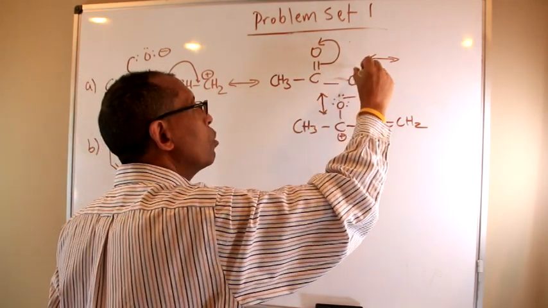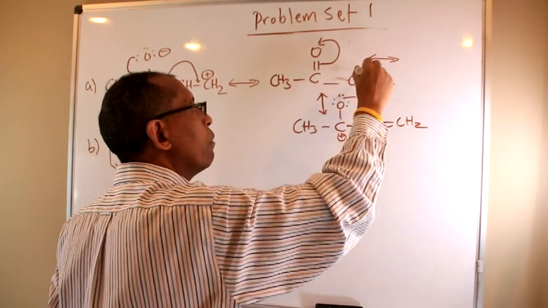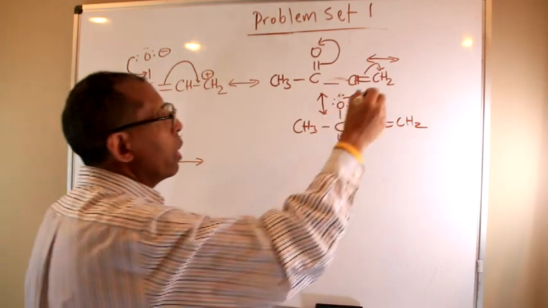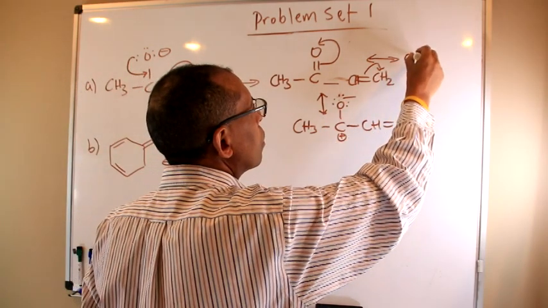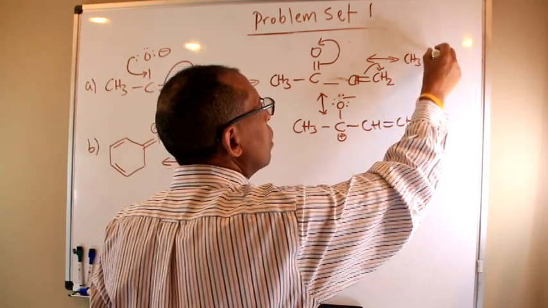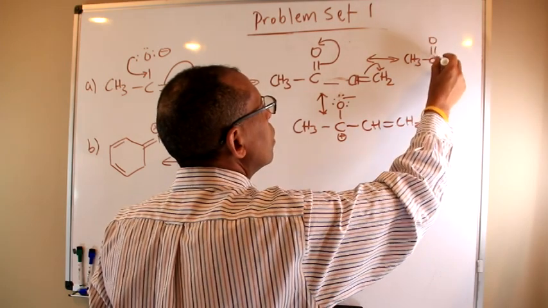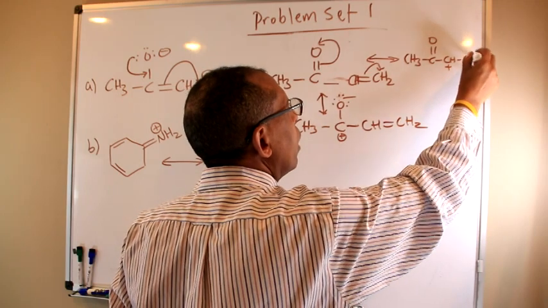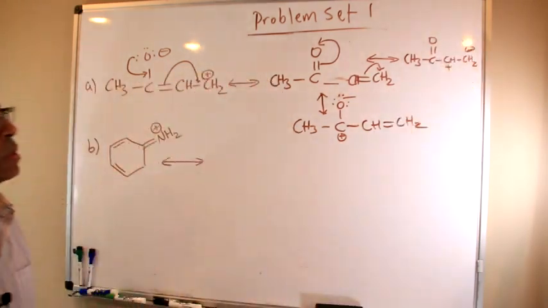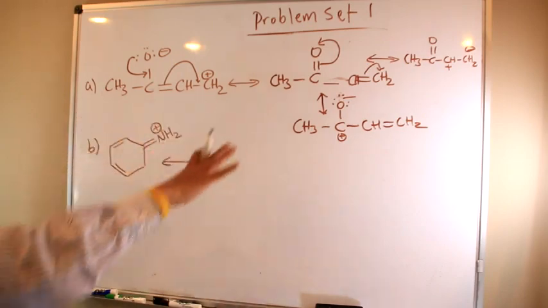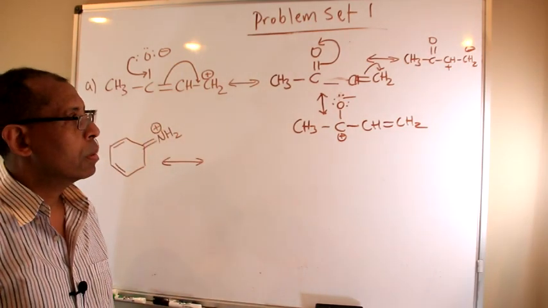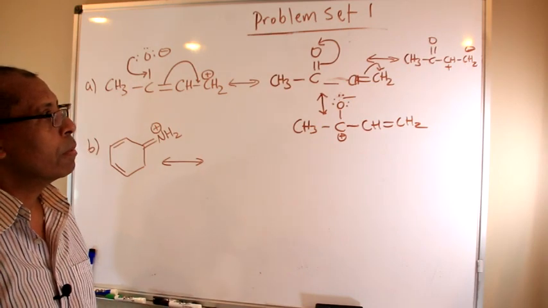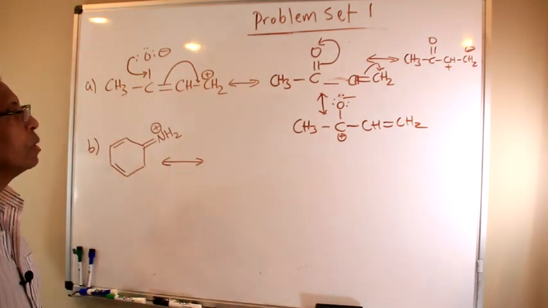For example, if you were to move this pair of electrons to this carbon, now you'll end up having CH3, CO, CH, a plus, and CH2, a negative. So remember, I haven't moved any of the atoms. These are the different resonance structures for this molecule.